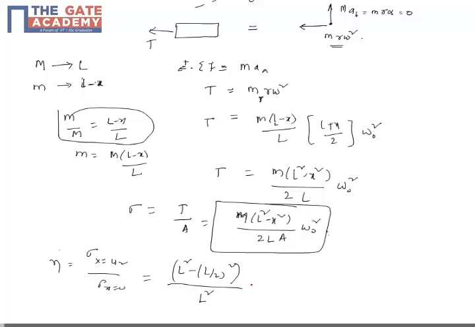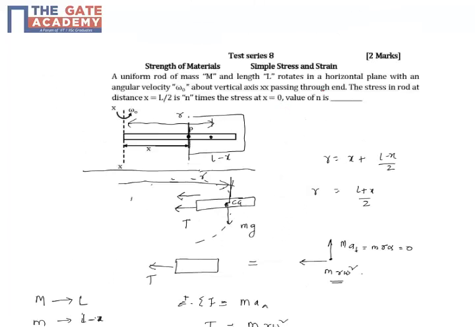Everything else cancels, so it is L square by 4 over L square, 3 by 4 is the ratio. So 0.75 is the answer for this. Because it depends on L minus x whole square, that is important.